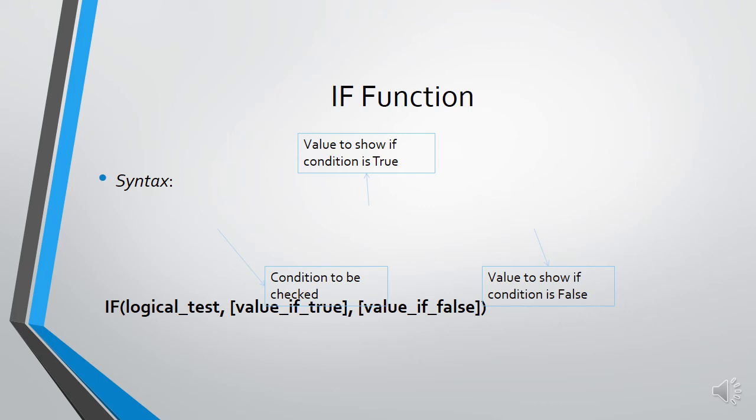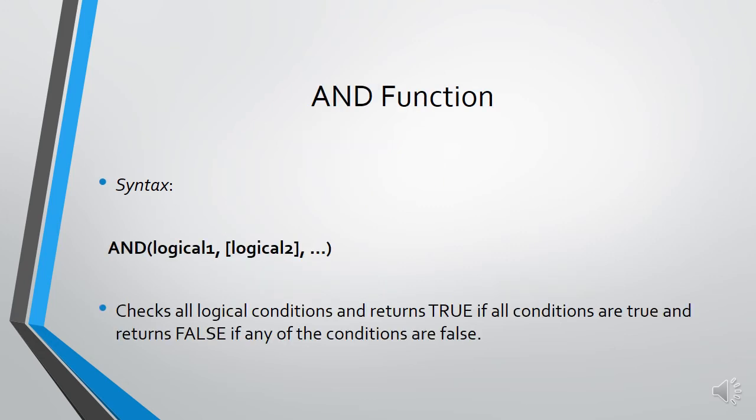When you test a logical condition, we have got an answer which is true or false. So the next parameters that follow are what you should do if the output of that test is true, then you put another comma, and what you should do in the event that it is false. This is the syntax of an IF function. I would like you to reference the Excel spreadsheet and carry out the necessary examples under the IF statement.